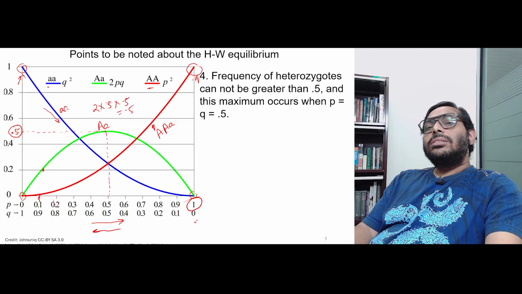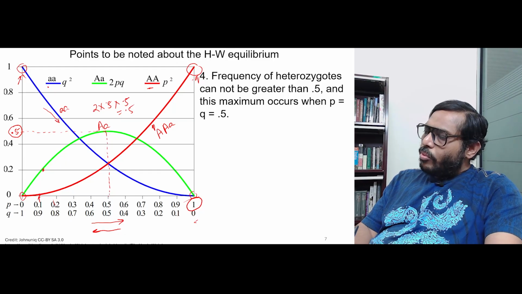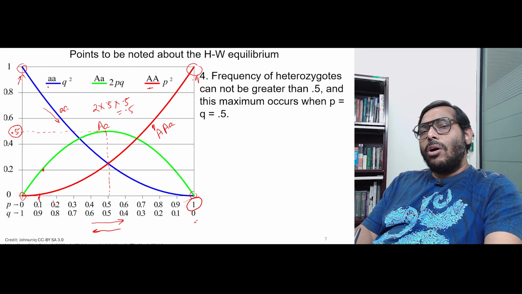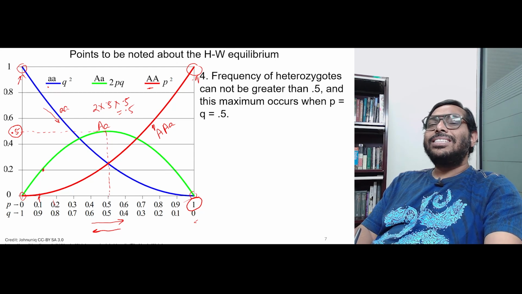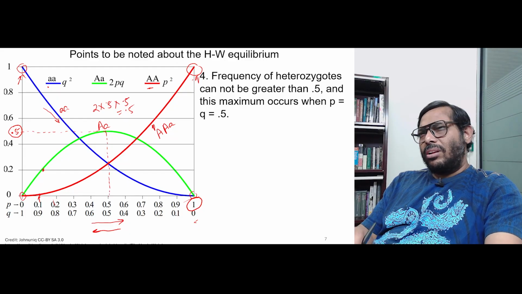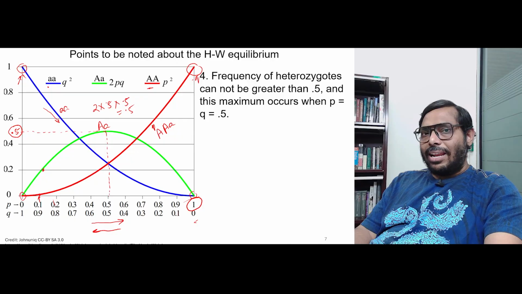Now, why is this a point worth making? It is worthy because of how human diseases, or not all, but most, behave. If you look at most diseases, not only in humans, in many animals actually, most of those genetic diseases are caused by recessive alleles.